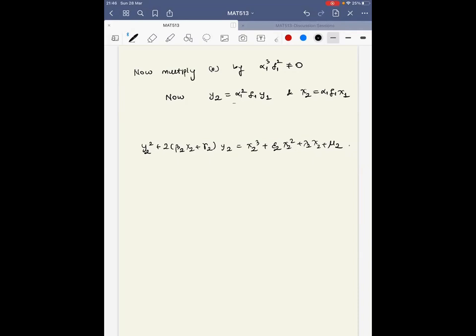And indeed, we can also see that since these products are constant, the pole divisors of x2 and y2 will be the same as the pole divisors of the transcendentals x1 and y1.